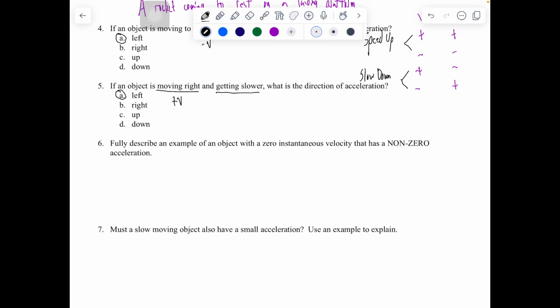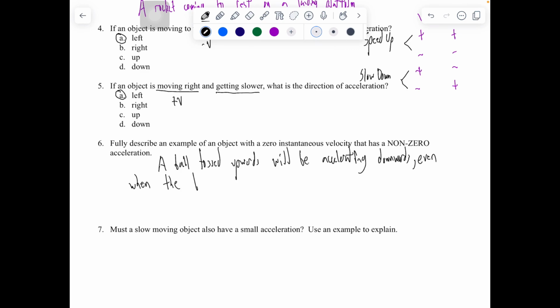Okay, well, a ball tossed upwards will be accelerating downwards, even when the ball briefly comes to rest at the top of its motion.